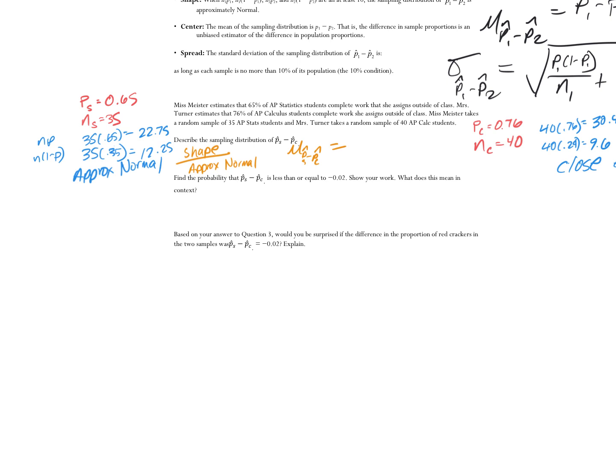What's that mean gonna be, y'all? Negative what? So we would do 0.65 minus 0.76, which is negative 0.11.